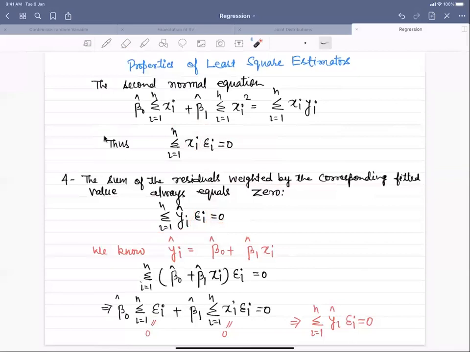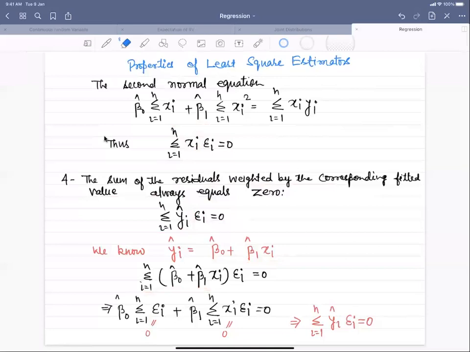So we know yi cap is equal to beta naught cap plus beta 1 cap xi, so I can replace this here. This will become summation over i=1 to n of beta naught cap plus beta 1 cap xi times epsilon i. We are proving this, so we can leave the other side, or we just write RHS is equal to LHS.